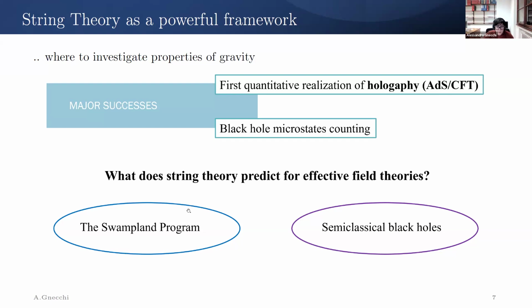The swampland program has taken this prediction of string theory as a sort of guiding principle. Let's try to understand everything that can be derived from string theory as a property of gravity at low energy, the same way as we have understood the black hole entropy in terms of microscopic states coming from string theory.